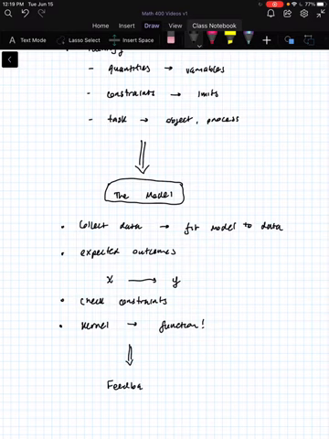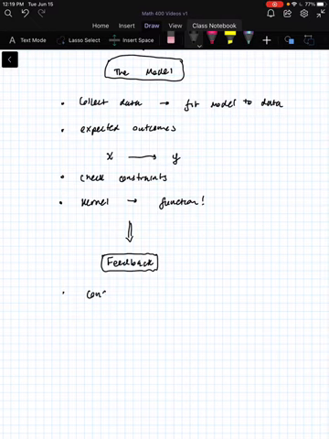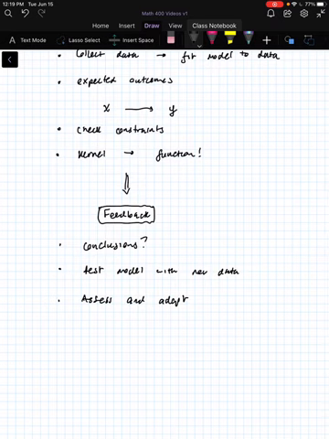And lastly, we get some feedback. This feedback will allow us to improve and refine the modeling process. So we check the conclusions that we draw. We collect new data and test the model. And then we assess and adapt.